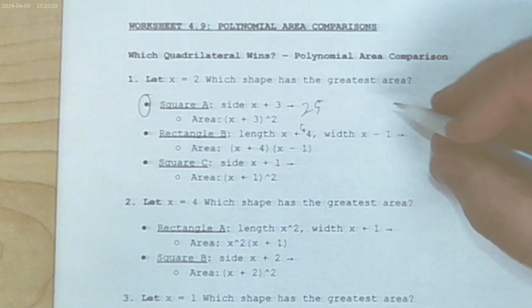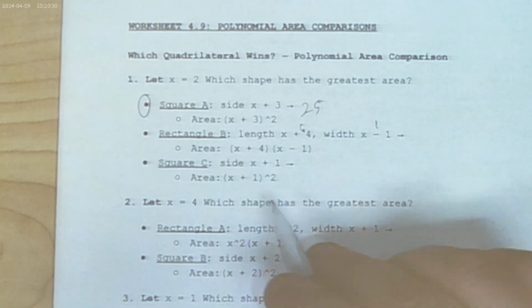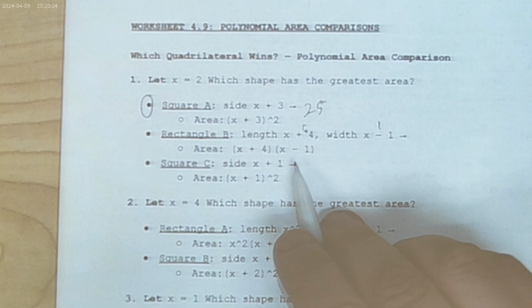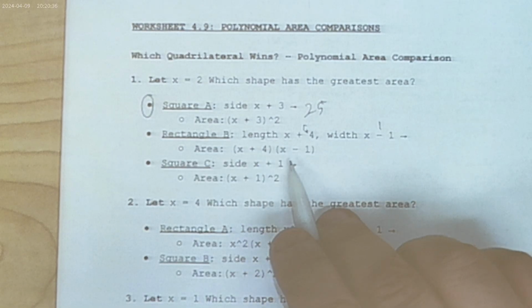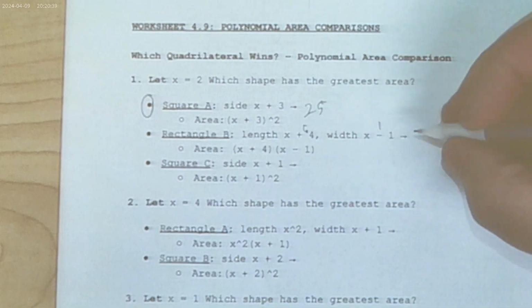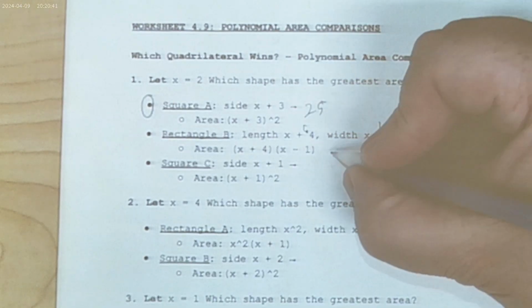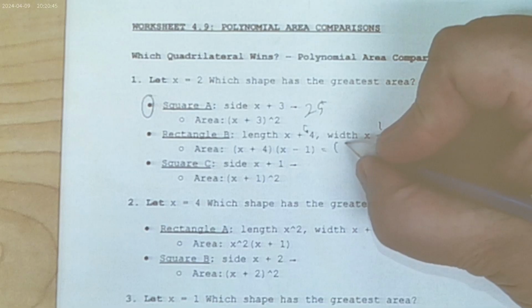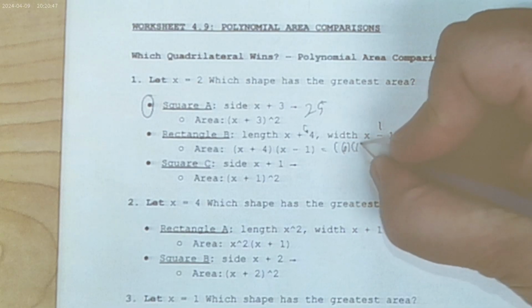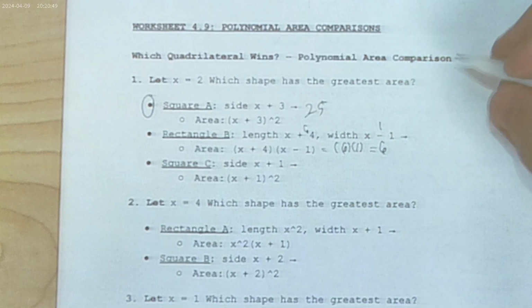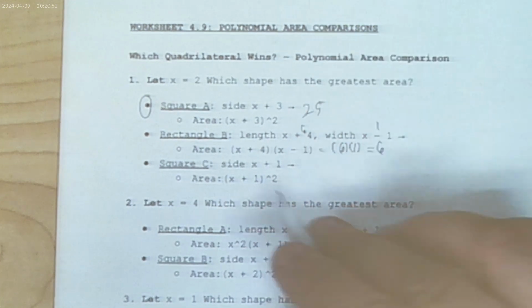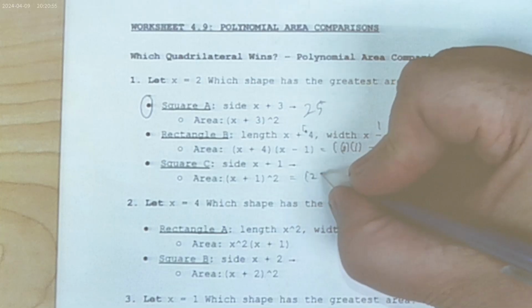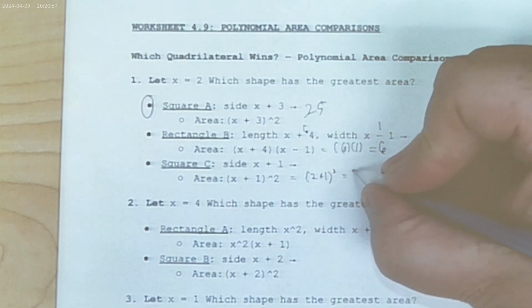Width is 2 minus 1, so that's 1. So that's 6 times 1, which equals 6. Then I have side x plus 1, which is 2 plus 1 squared, which is equal to 9.